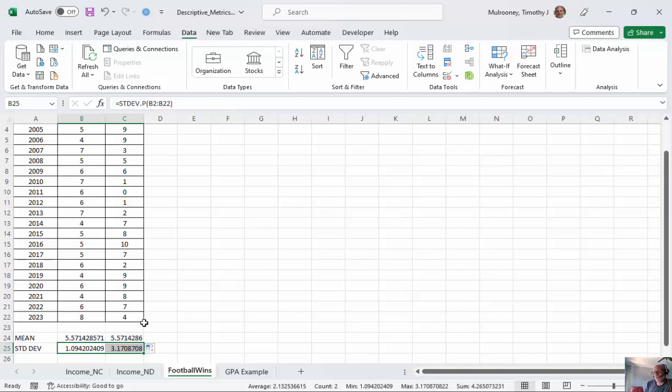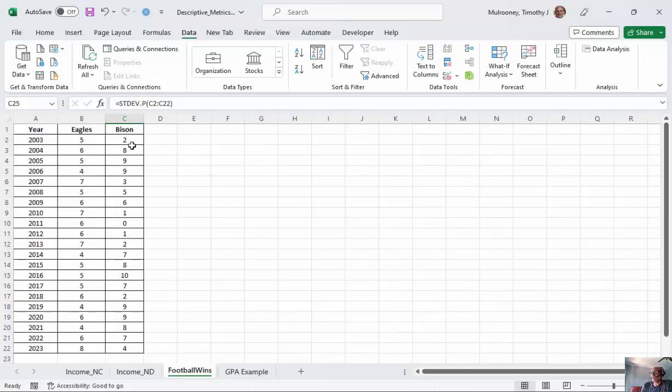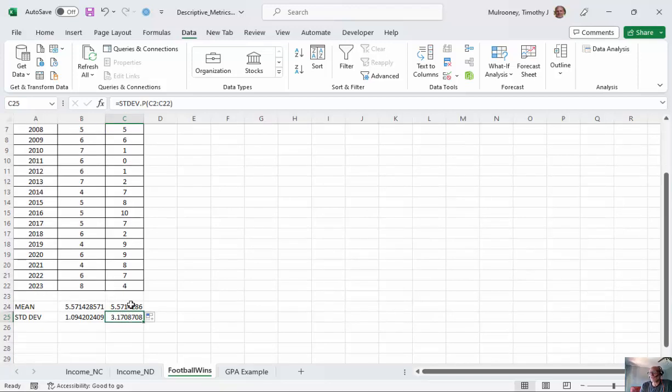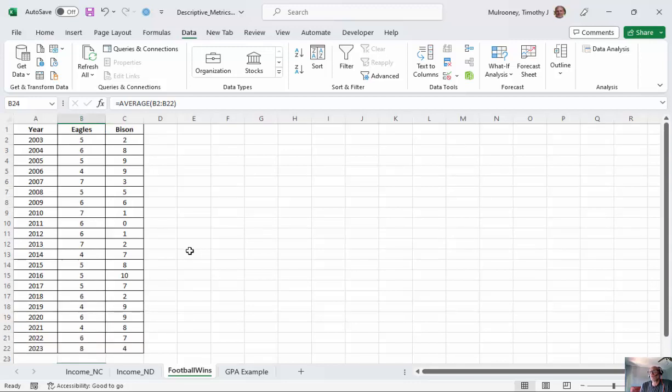And so this is a great example of data that has the same average but much different standard deviations, meaning that the data here in column C with the Bison range a lot more, they deviate a lot further from the mean versus the wins for the Eagles.